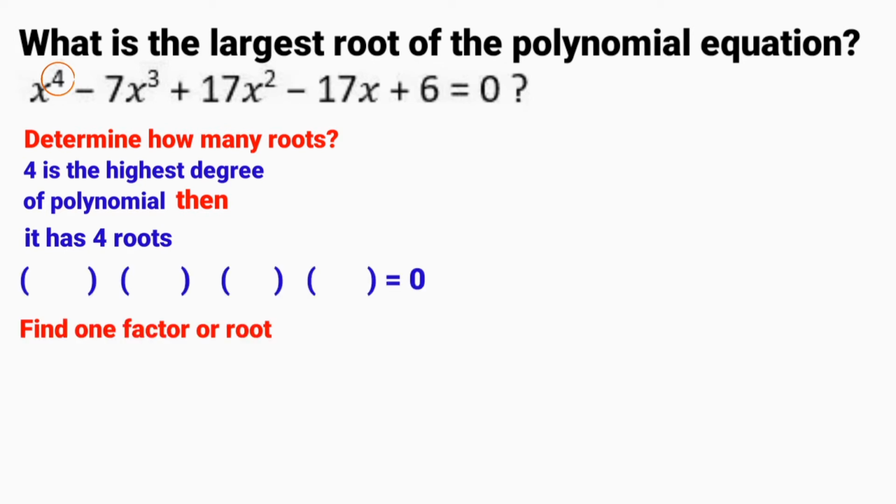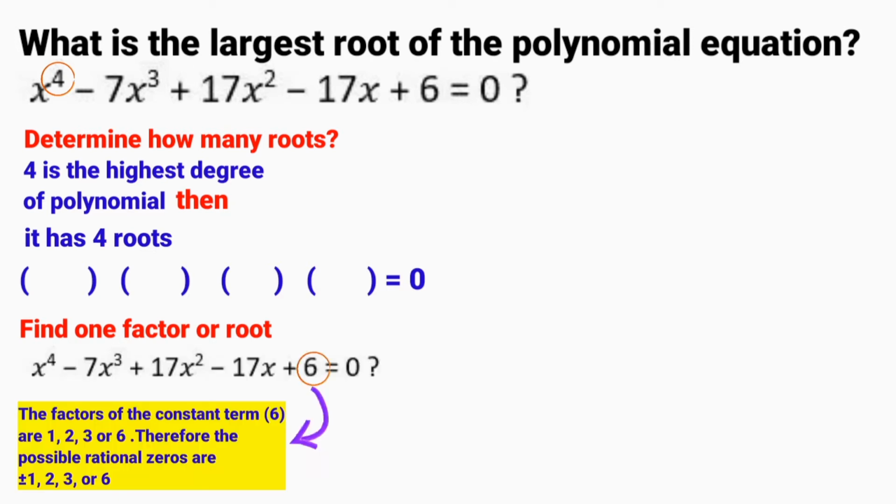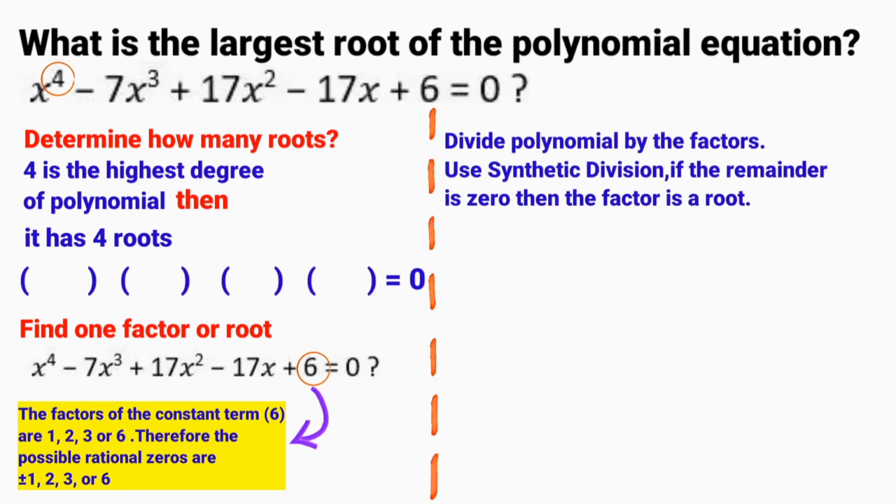Next step is to find one factor or root. The factors of the constant term 6 are 1, 2, 3, or 6. Therefore, the possible rational zeros are positive negative 1, 2, 3, or 6. Then, divide the polynomial by the factors. Use synthetic division if the remainder is 0.